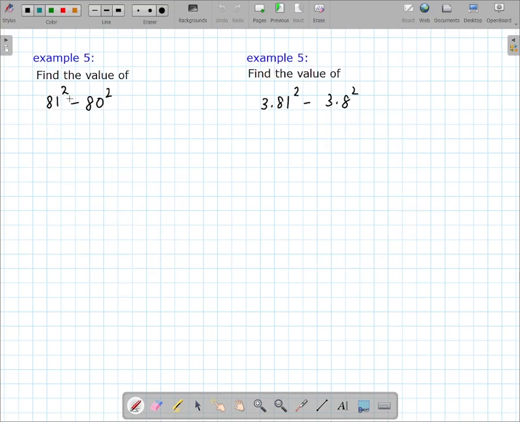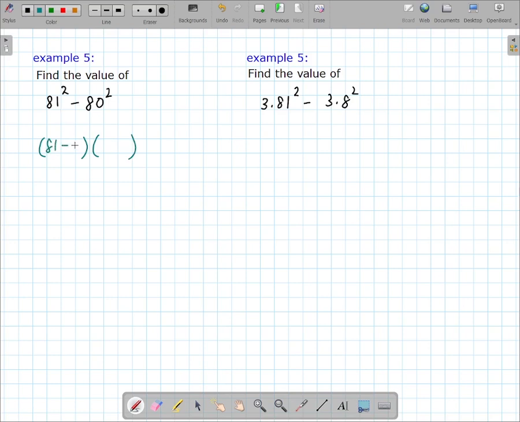Here they have given example 5. Find the value of 81 squared minus 80 squared. So we have a difference of two squares. We have to use the difference of two squares method to find the value. It is like x squared minus y squared. So if it is x squared minus y squared, we can write it as two brackets. How?